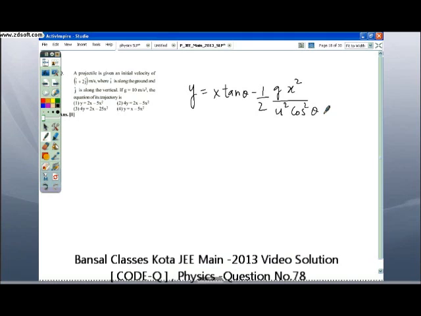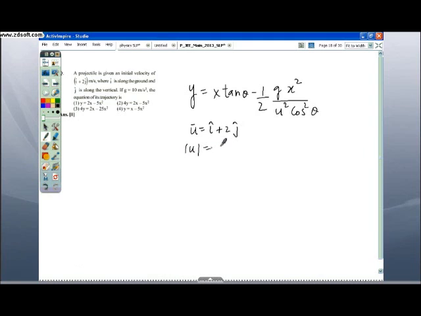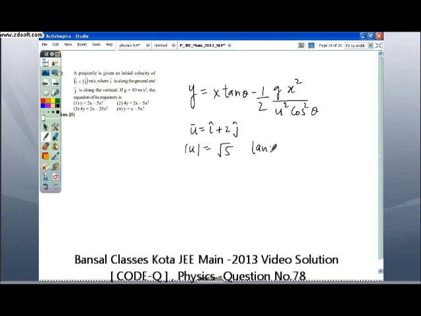Now here velocity u equal to i plus 2j, so its magnitude u is root 5. Tan theta is equal to y component by x component, so 2 by 1, that is equal to 2, and cos theta is equal to 1 by root 5.